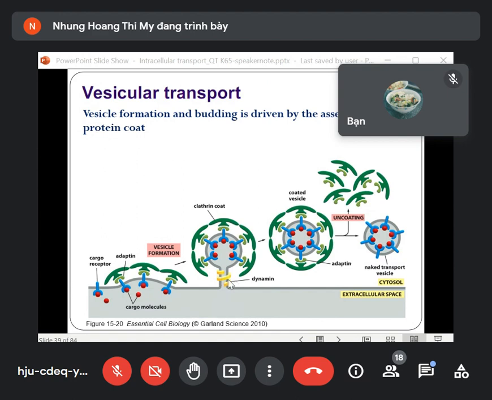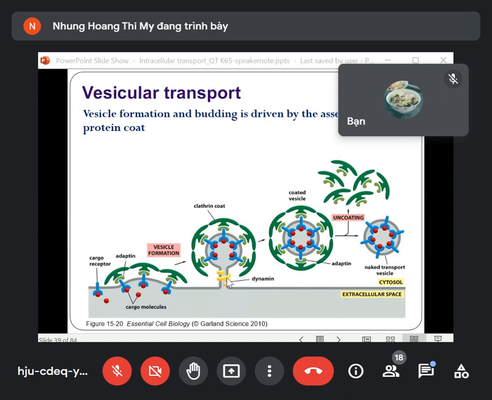This is also a GTP hydrolyzing protein. So dynamin will bind at this site between the budding vesicle and the plasma membrane. So dynamin will assemble surrounding the neck of the budding vesicle.